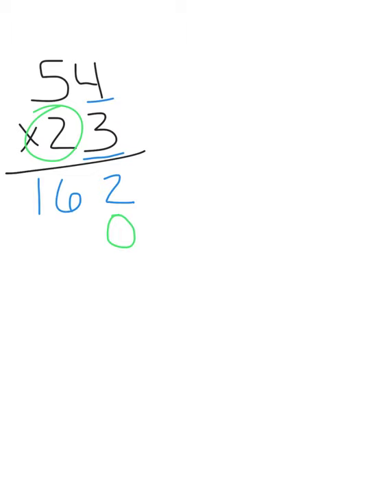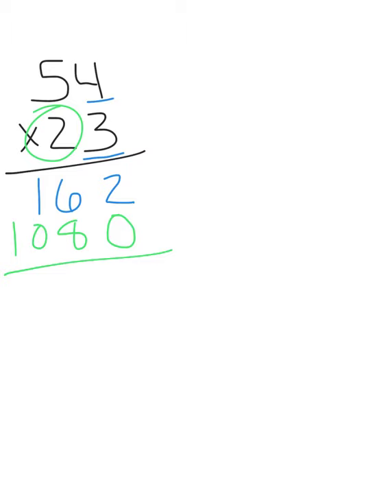Now we can multiply. So we have 2 times 4 is 8, and 2 times 5 is 10. Then all we're going to do is add these two groups of numbers, which are also partial products.